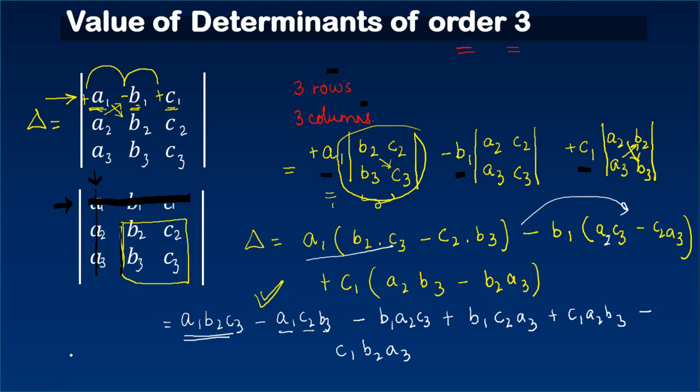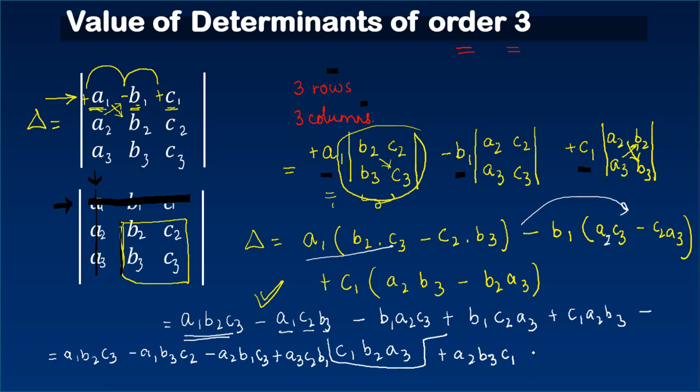So simply speaking, you can write this as A1 B2 C3 minus A1 B3 C2 minus A2 B1 C3 plus A3 C2 B1, plus A2 B3 C1 minus A3 B2 C1. In other words, this one which I've just highlighted is the answer, the value of the order 3 determinant.